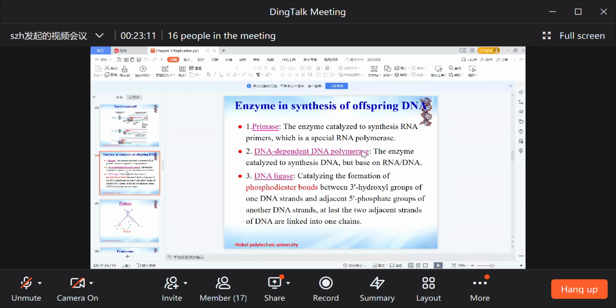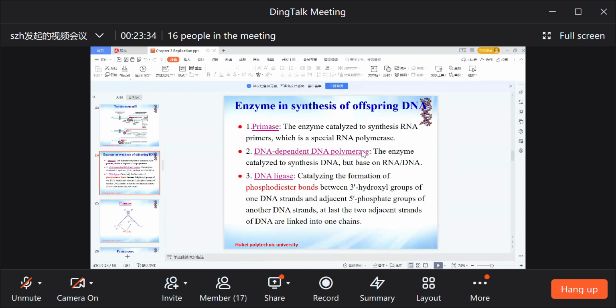And to synthesize the offspring DNA, first you can see the primase. Second, the DNA-dependent DNA polymerase, because here the template is the DNA strand. And later we studied reverse transcription.